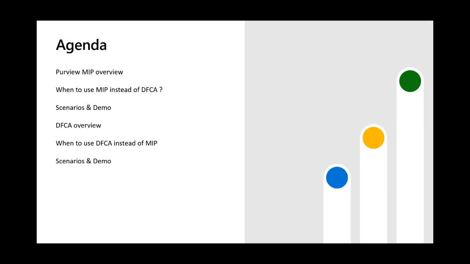We'll start with a basic overview and quick recap of what Purview MIP is, then talk about scenarios when we would use MIP instead of Defender for Cloud Apps. We'll do some scenarios and walkthroughs, and then I'll turn it over to Leo, who will give a quick overview of Defender for Cloud Apps, and talk about situations where you would use it instead of MIP, or on top of MIP in some cases. He'll also be walking through some scenarios as well.